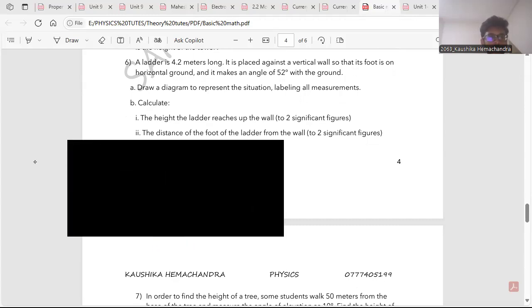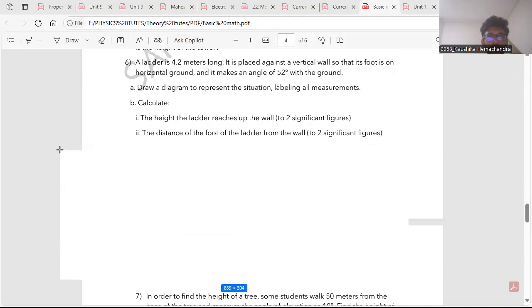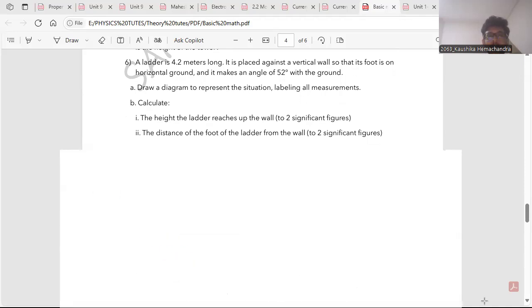They say a ladder is 4.2 meters long. It is placed against a vertical wall so that its foot is on the horizontal ground. It makes an angle of 52 degrees with the ground. Draw a diagram to represent the situation, labeling all measurements.